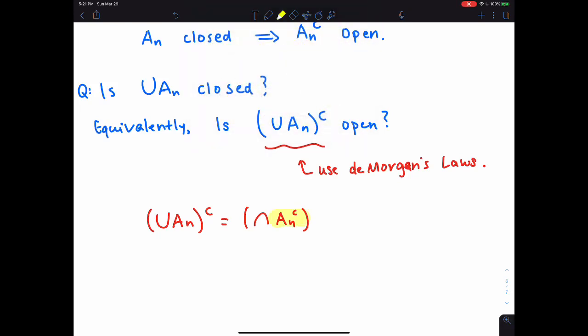We know that A_n complement is open. So it turns out that talking about a union of closed sets comes down to talking about an intersection of open sets. And we know that this will be open as long as the intersection is finite.